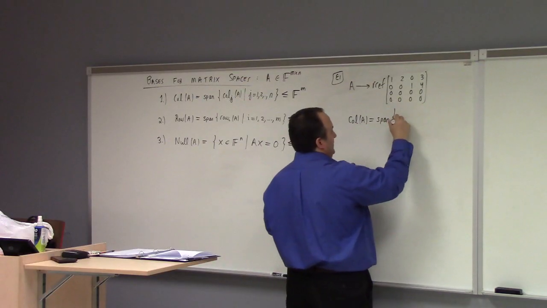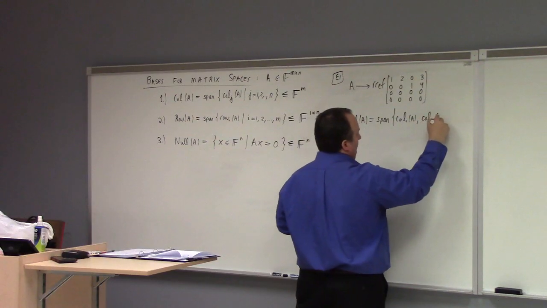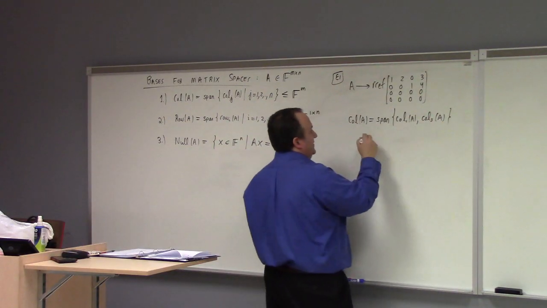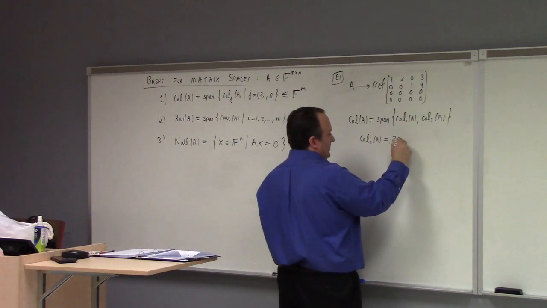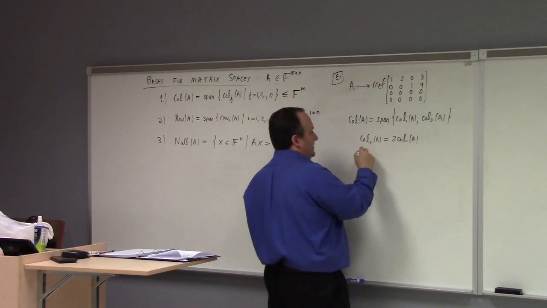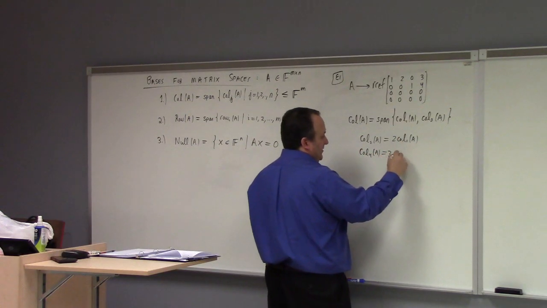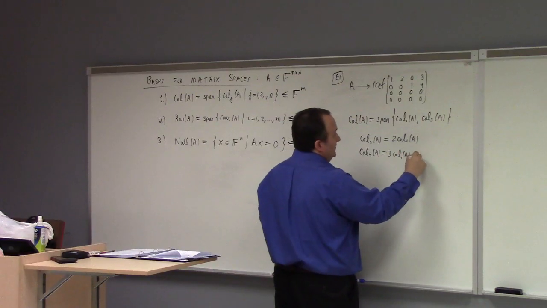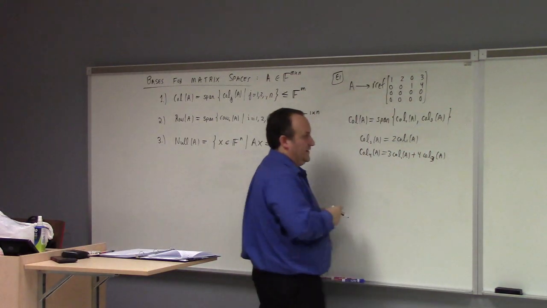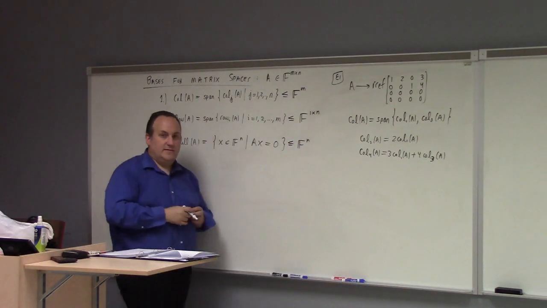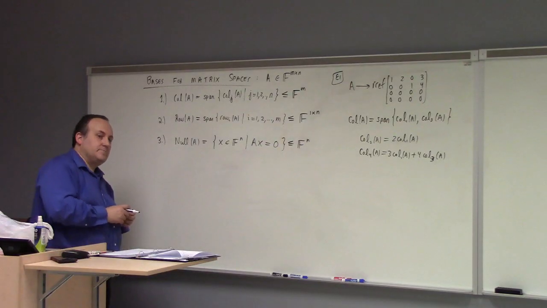It's the span of column 1 and column 3, right? Because you can see that column 2 is twice column 1, and you can see that column 4 is 3 times column 1 plus 4 times column 3 by the column correspondence property. I don't even need to tell you what the form of A is. This is going to be the case.